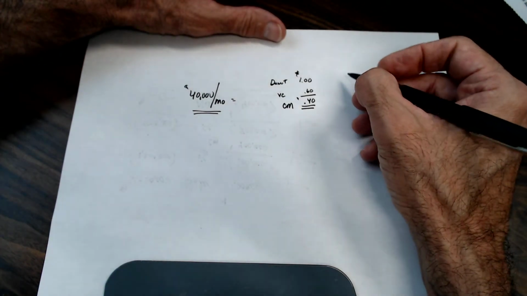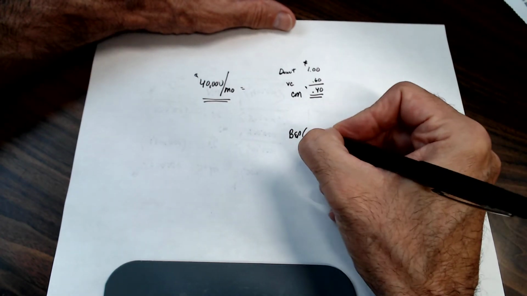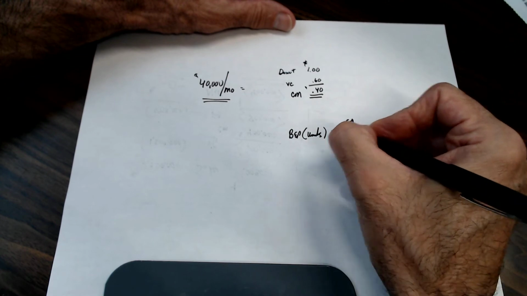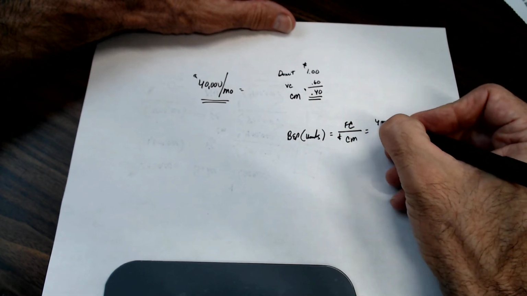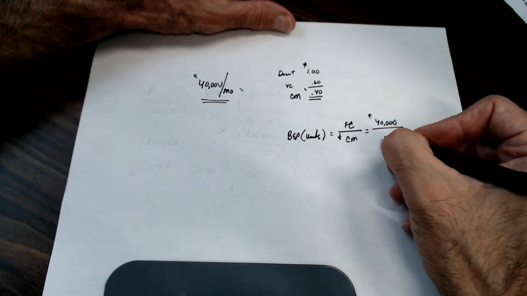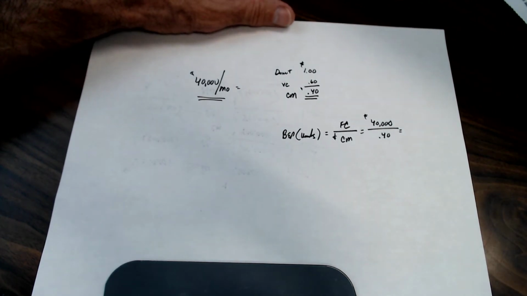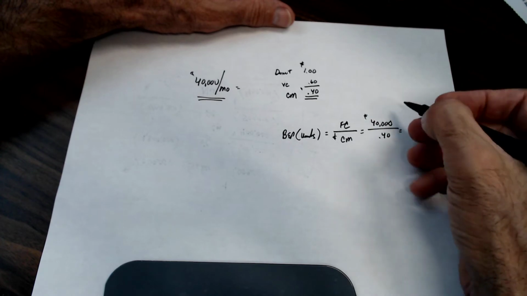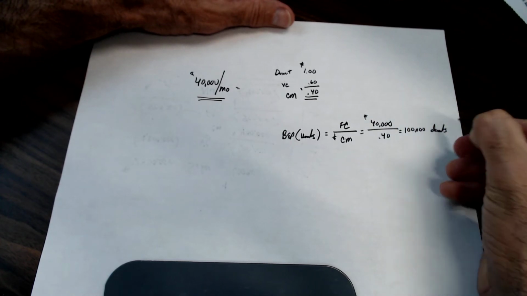How many donuts do I need to sell a month just to break even? Well, remember, I want to know the break-even point in units. That's fixed cost divided by the contribution margin per unit. $40,000 is what I need in total contribution, and at 40 cents a piece, I need to sell 100,000 donuts a month.